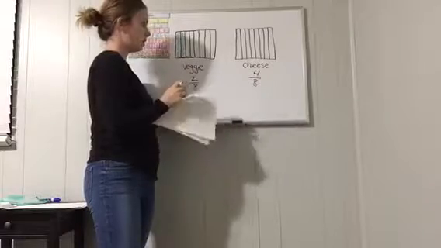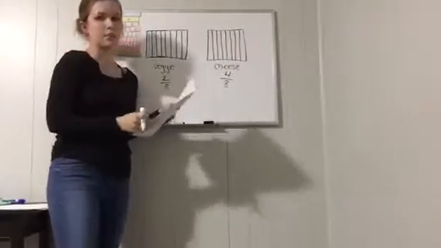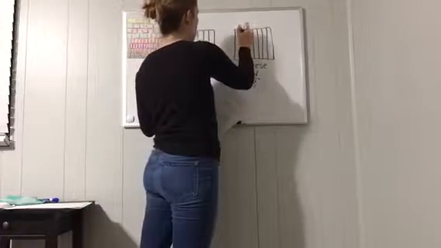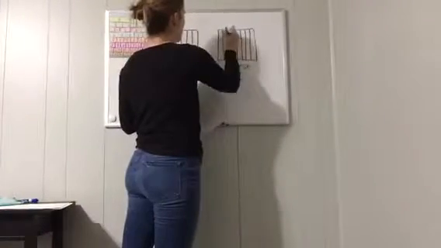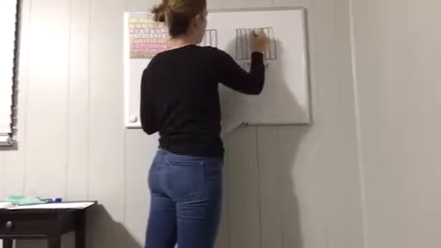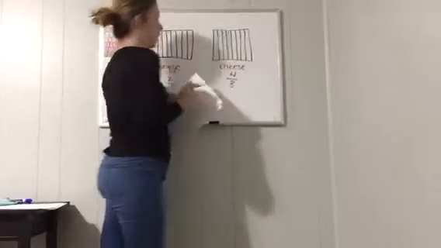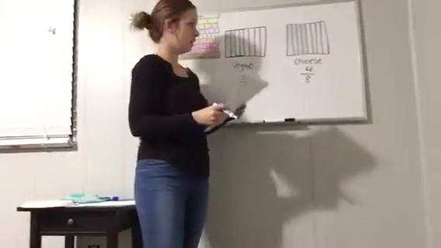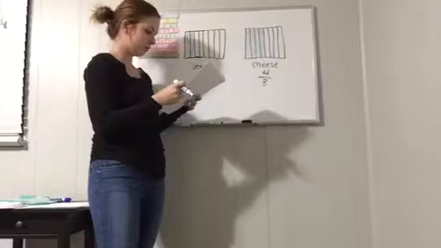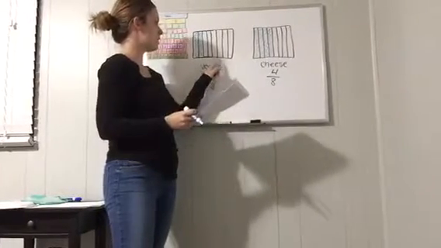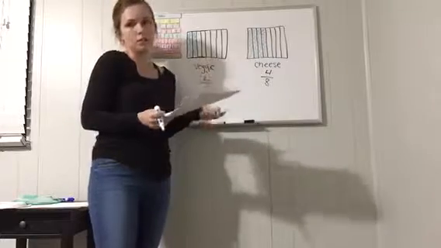And then for the cheese, I'd ask them again how many pieces we should shade in, and their response should be 4. And then from there, I'd ask students which pizza had the most left, and students should be able to see that the veggie had the most left at the end of the party.